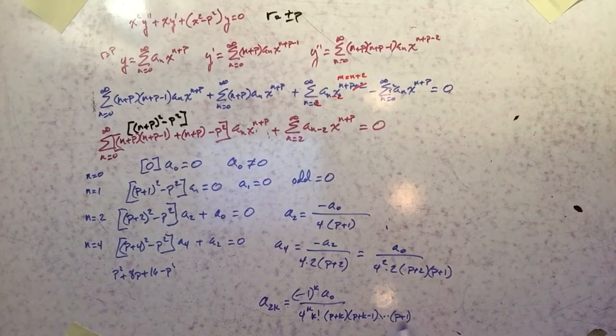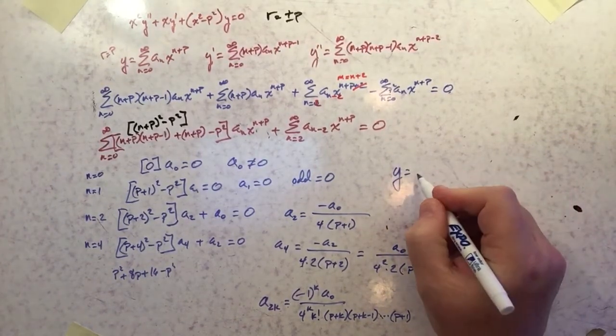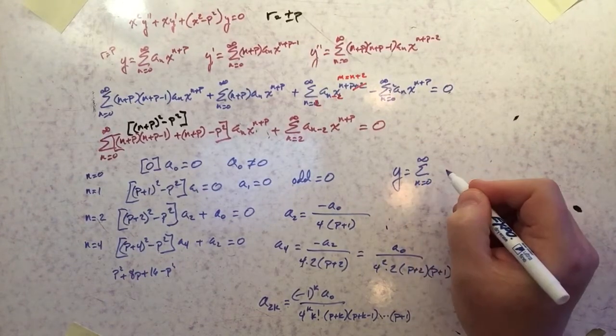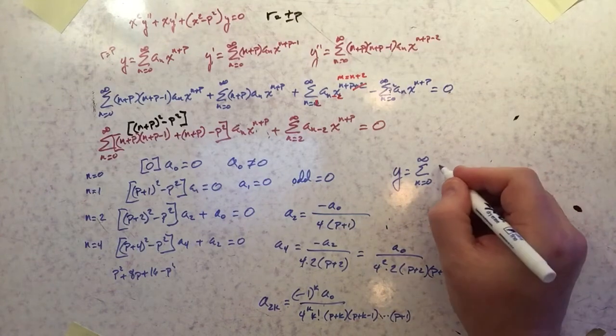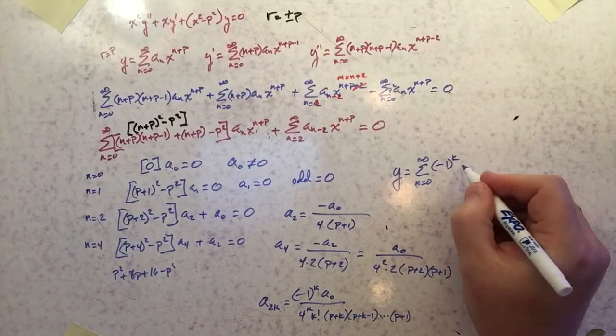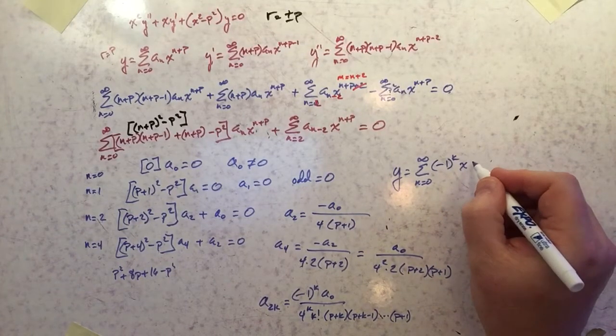Okay, so that then gives us the series solution, which is y is equal to the summation n equals 0 to infinity. Once again, I'll call A naught just 1 for a moment. We're going to come in and replace it with another value in a bit. Negative 1 to the k, and then that's all x to the k.